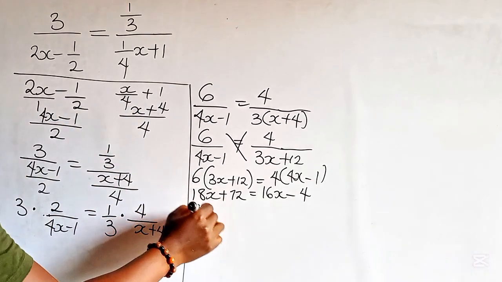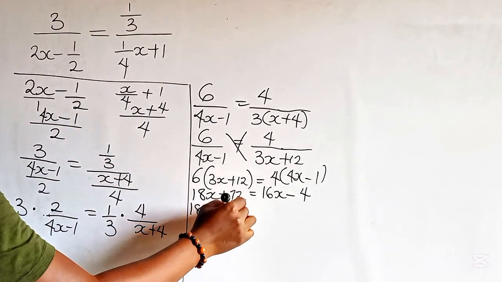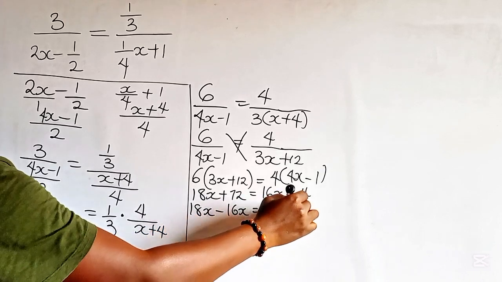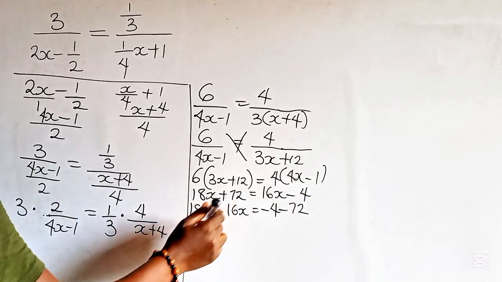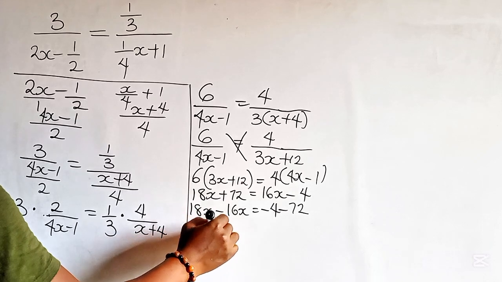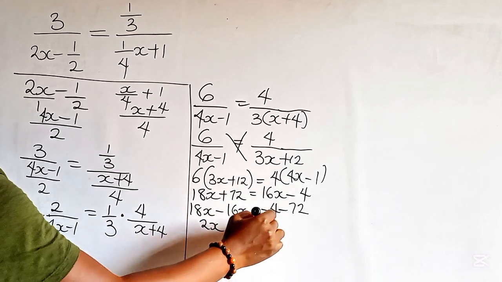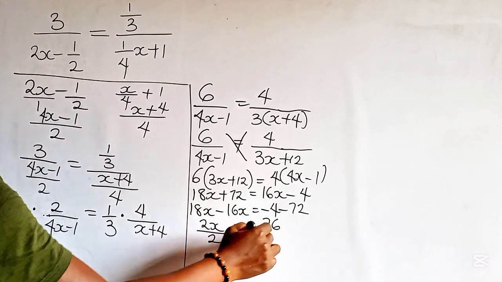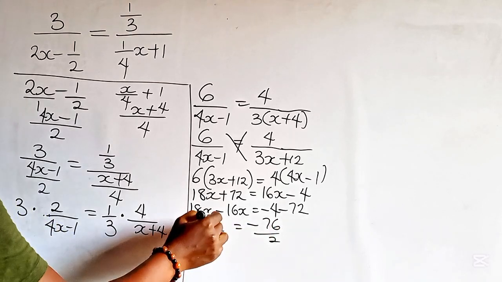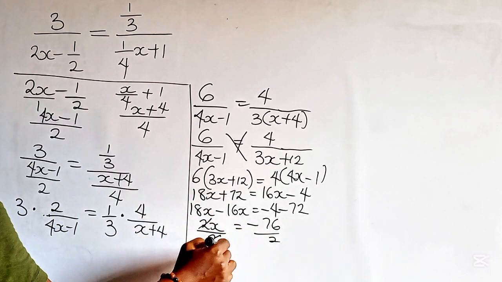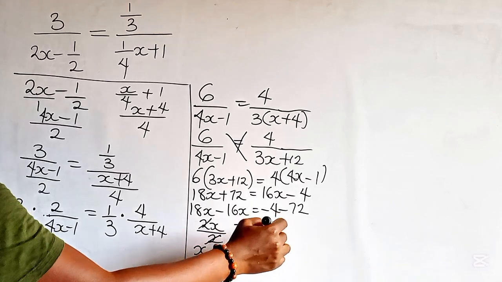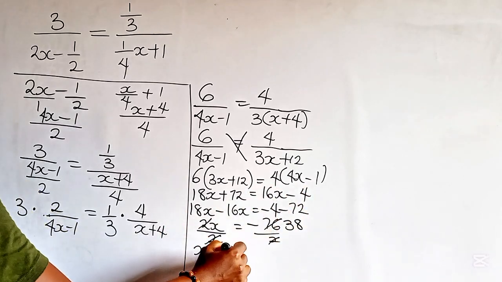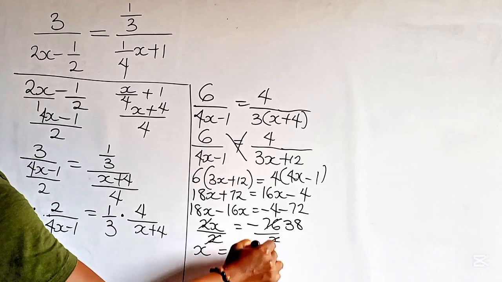We have 18x minus 16x is equal to minus 4 minus 72. 18x minus 16x will give us 2x is equal to minus 76. To find x, we divide both sides by 2. 2 we go into 2, we have x left, is equal to 2 we go into minus 76, minus 38. So the value of x is minus 38.